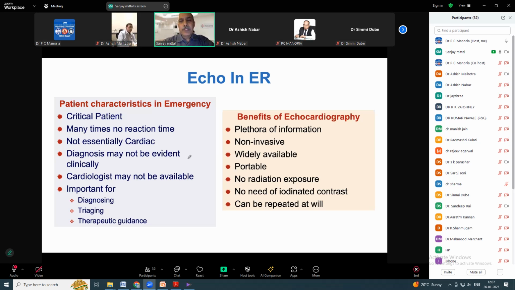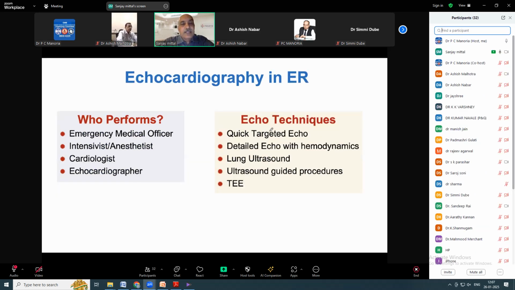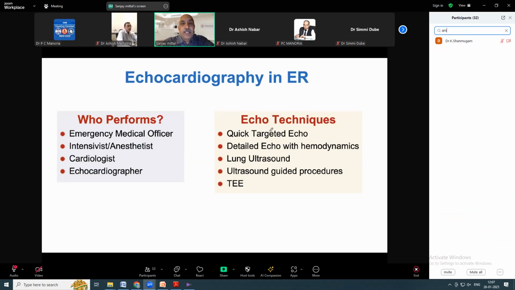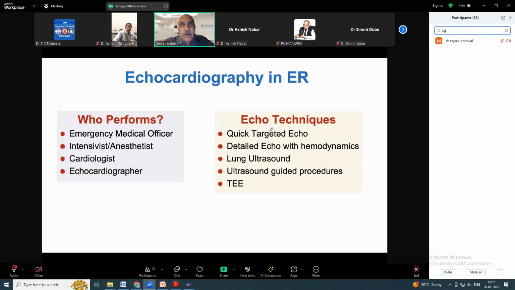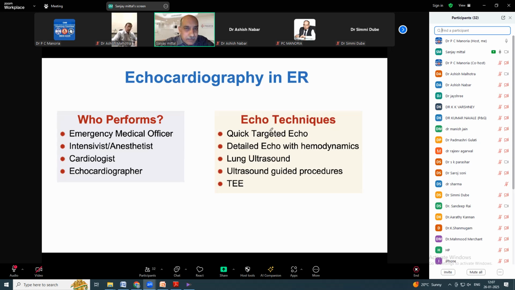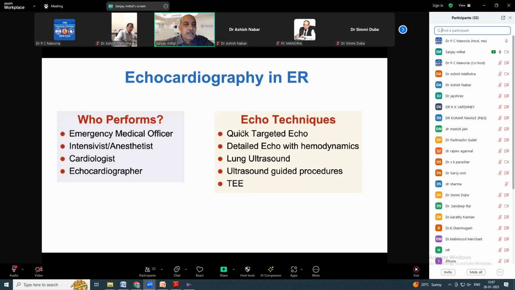What is also important is that we have all the nuances of echocardiography, not only telling us the structural defects, but also the hemodynamics. Important is who is performing and what is the legal binding of usage of ultrasound in the emergency room in most of the hospitals. So we have to have PNDT certification in all the ultrasound systems, but nevertheless, an emergency medical officer is going to use it.